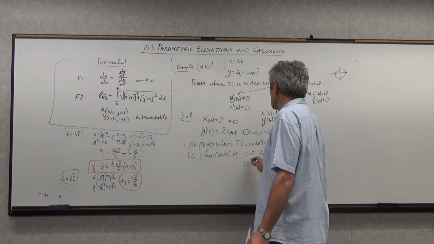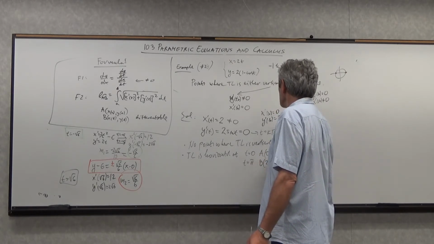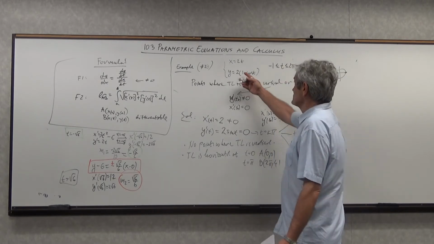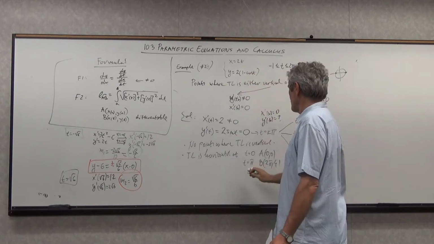At t equals pi, we get point B, which is (pi, 4), because 1 minus cosine pi is 1 minus negative 1, which is 2, times 2 is 4.